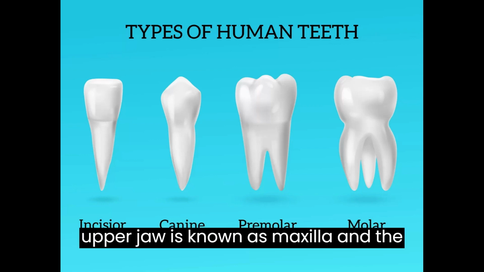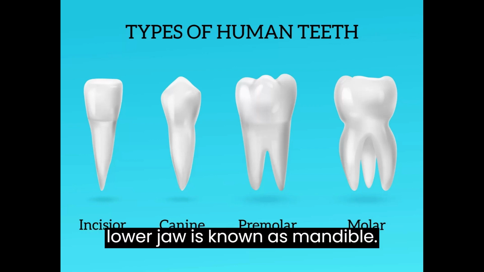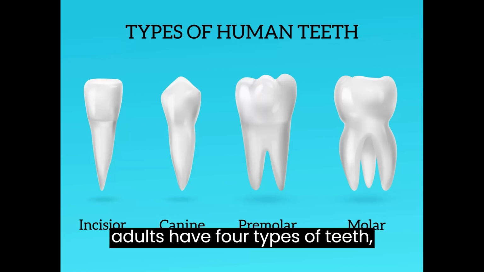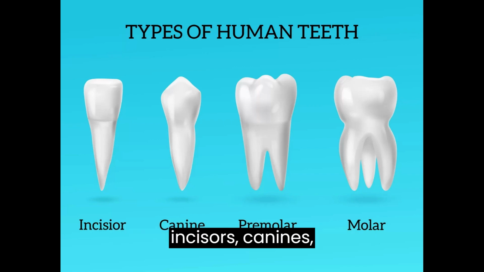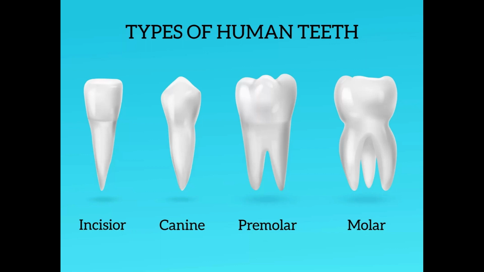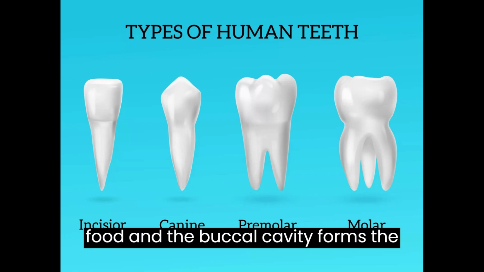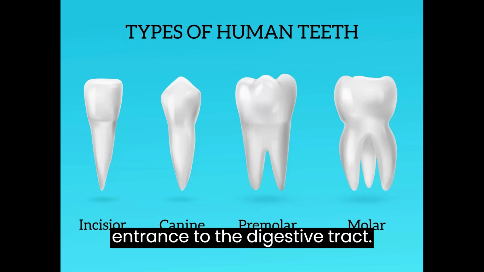The upper jaw is known as the maxilla and the lower jaw as the mandible. Humans are heterodont, and adults have four types of teeth: incisors, canines, premolars and molars. The teeth chew and masticate the food, and the buccal cavity forms the entrance to the digestive tract.